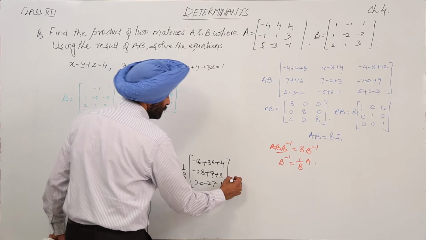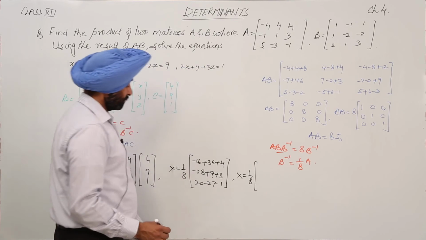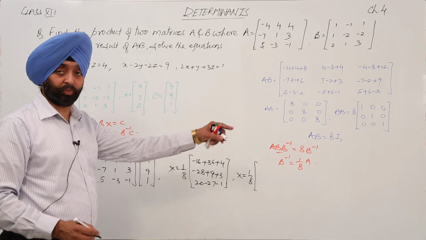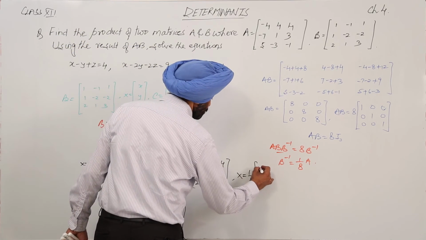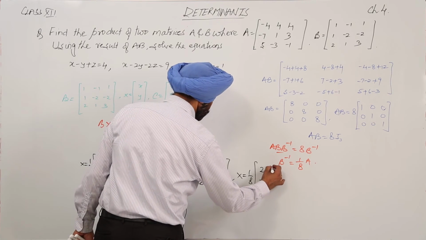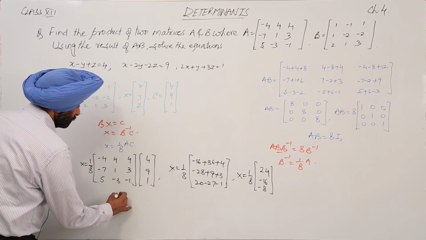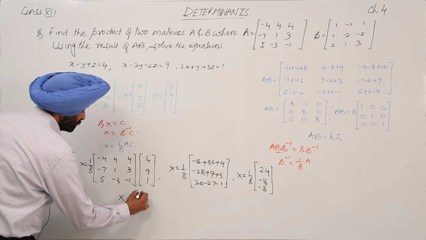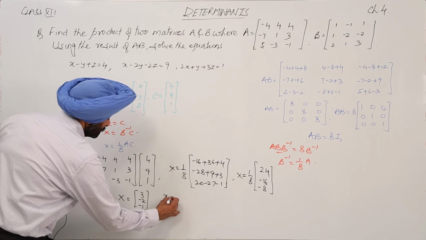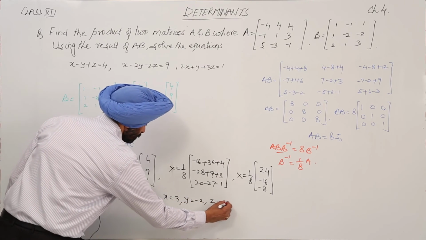So what x is equal to now? x is equal to 1 upon 8 with minus 16 plus 36 plus 4. 36 plus 4, 40 minus 16, we are having 24, minus 16, minus 8. Okay. So x is equal to 3, minus 2, minus 1. Now x is equal to 3, y is equal to minus 2, z is equal to minus 1.